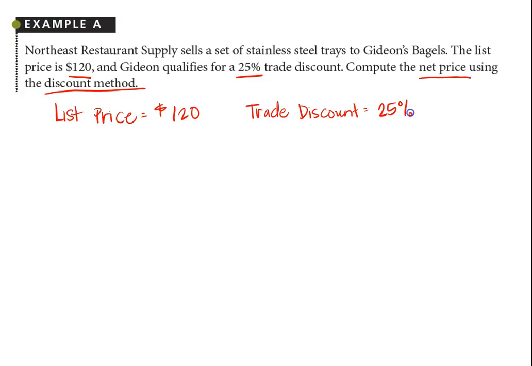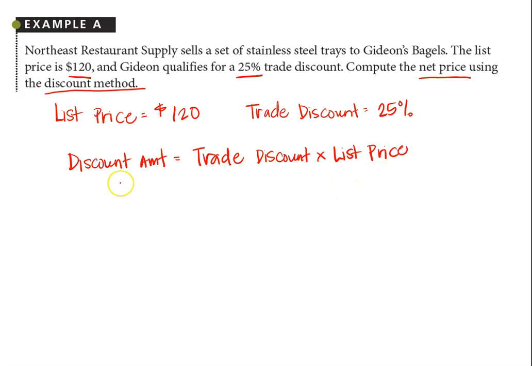Using the discount method, remember that the first thing we need to do is find the discount amount. Our discount amount formula, as we saw from the previous slide, is simply the trade discount multiplied by the list price.